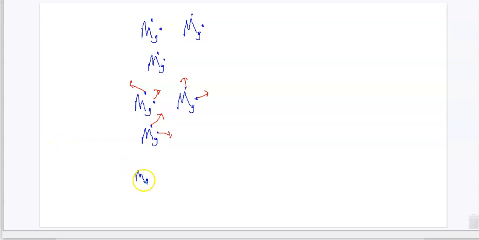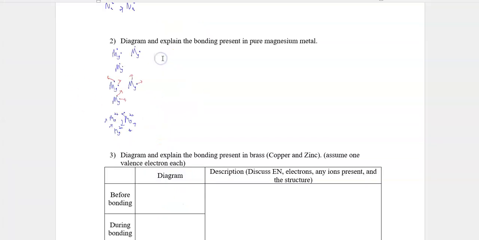And so now magnesium has a 2+ charge. It's a cation, but it's a 2+. And we've got a total of 6 electrons flying around delocalized. 5, 6. Explanation is going to be almost exactly like the previous one.